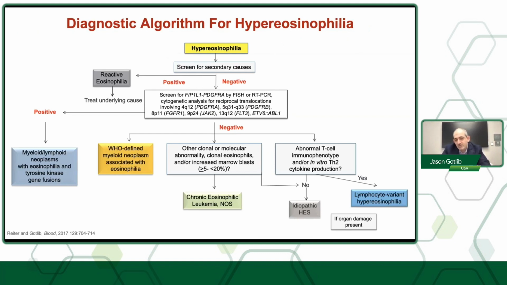Another entity is chronic eosinophilic leukemia, which I'll discuss further during this talk, which these days is now more focused on bone marrow morphology, in addition to the possibility of finding a clonal molecular or cytogenetic abnormality. And then I'll briefly touch on lymphocyte variant hypereosinophilia. And if none of these entities are present, then one may reach a diagnosis of idiopathic hypereosinophilic syndrome if there is organ damage thought to be mediated by the eosinophils.